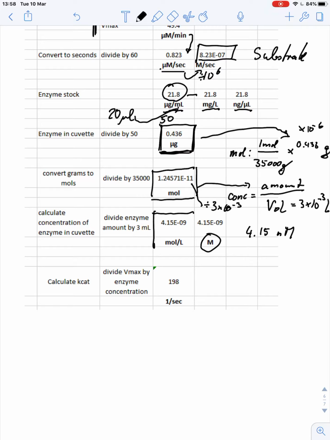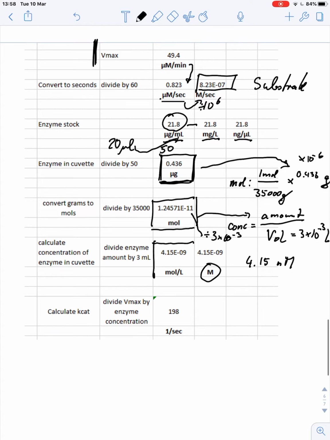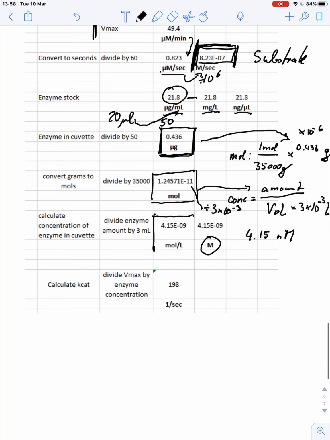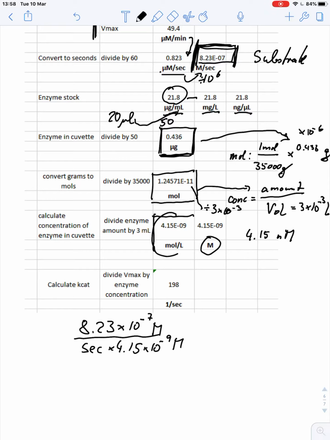Now, in order to calculate kcat, we divide the Vmax that we have used previously, so that is our Vmax here, 8.23 times 10 to the minus 7 molar per second, and we divide that by our 4.15 times 10 to the minus 9 molar.